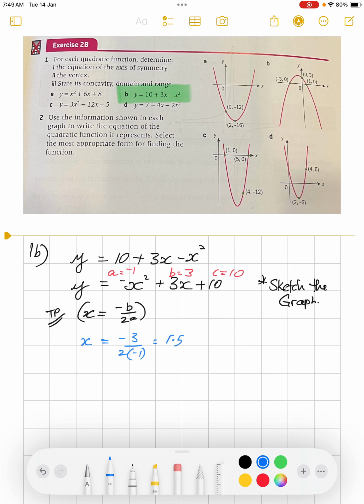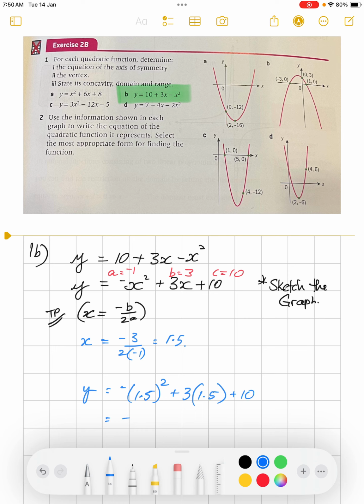or 1.5. Now, to find the y value, you have to substitute that 1.5 into the equation. So negative 1.5 squared plus 3 times 1.5 plus 10.